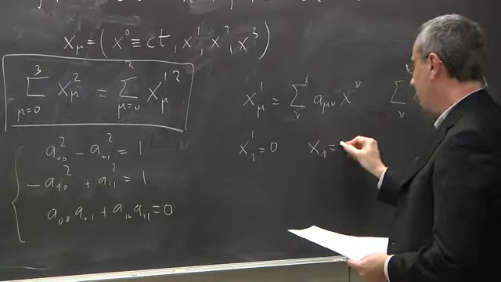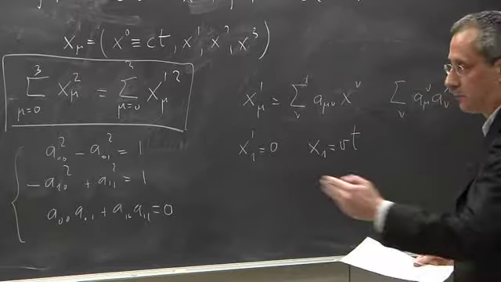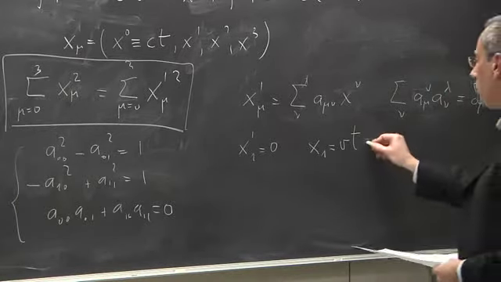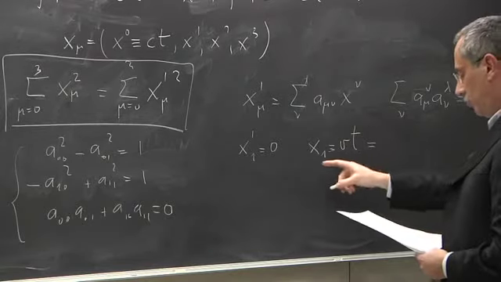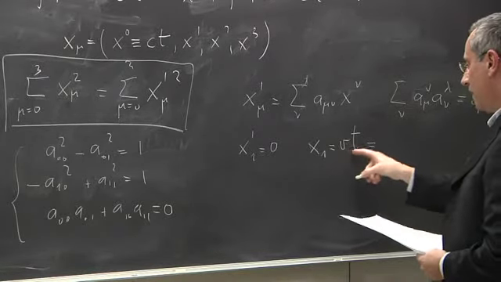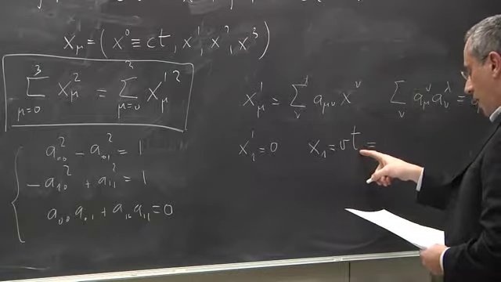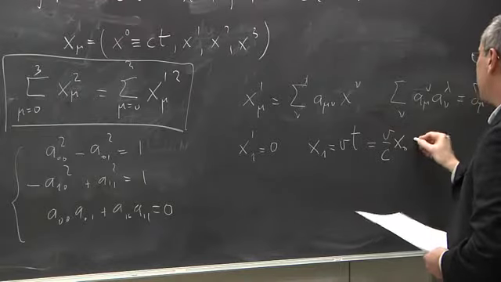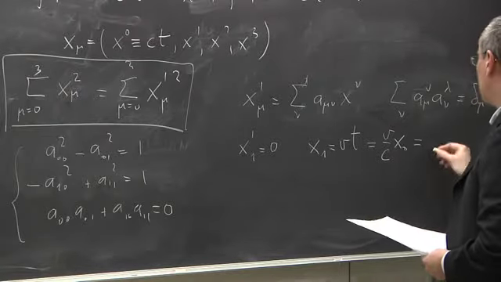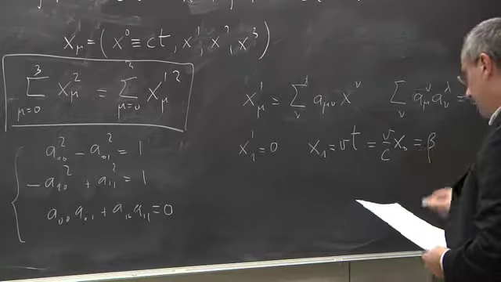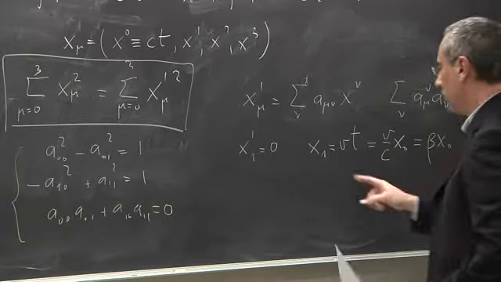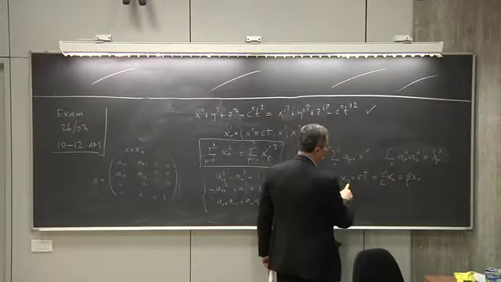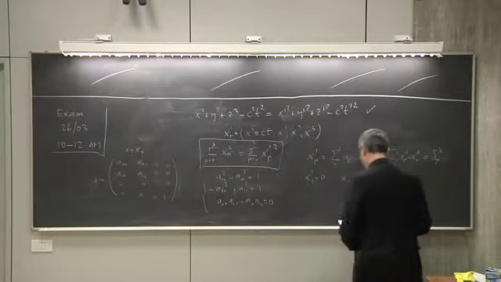So x1 must be equal to vt, or if you reintroduce the c, this is v over c x naught. This v over c keeps on popping out, so I give it a name, beta. Here I'm just rewriting t in terms of x naught. So x1 must be beta x naught.